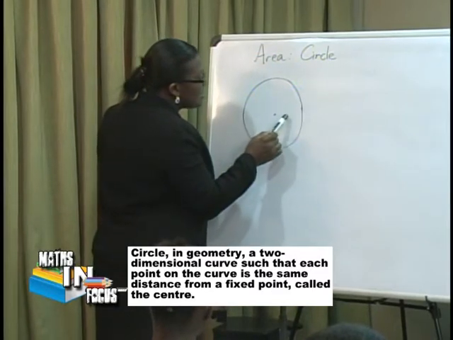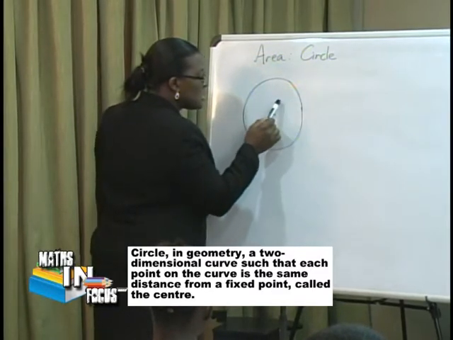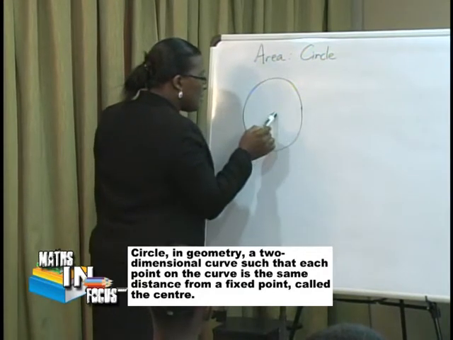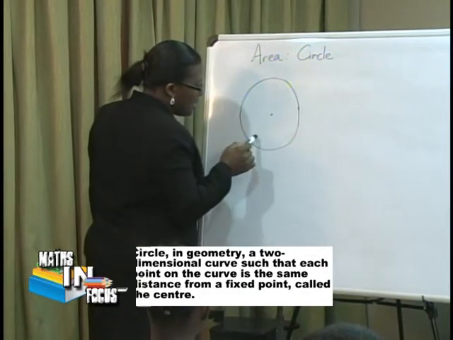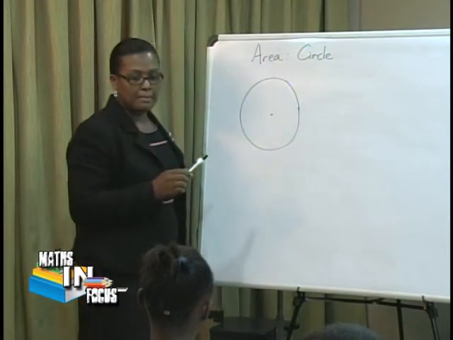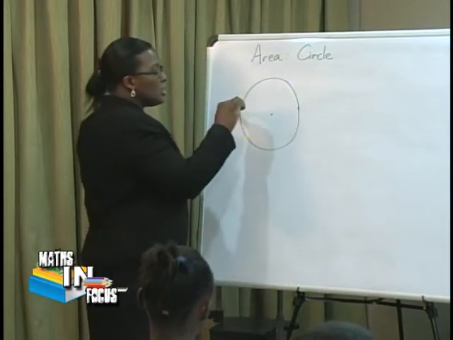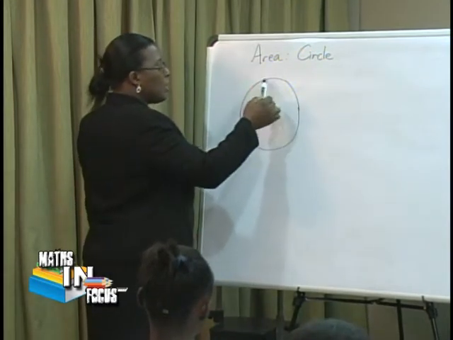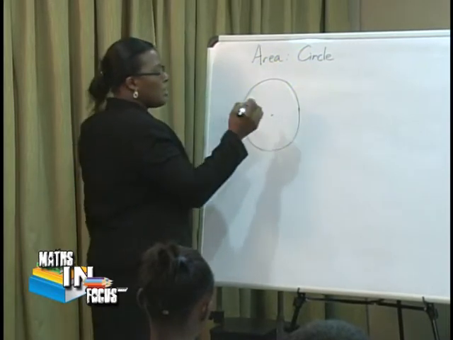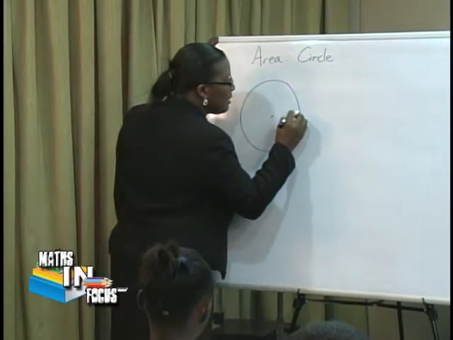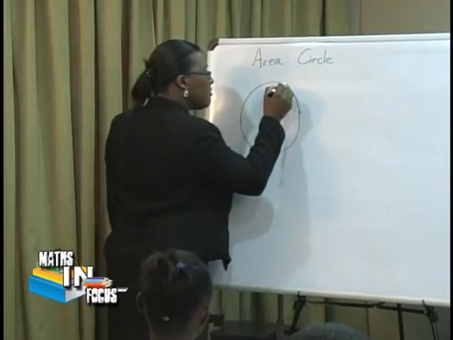So from the center to every point on this curve here is how we define a circle. A circle is continuous, and on this boundary here, if we take a point here and we end here, from here to here, we call an arc. Where we put the needle point to construct our circle, we call that the center.